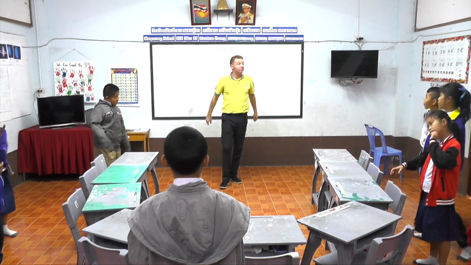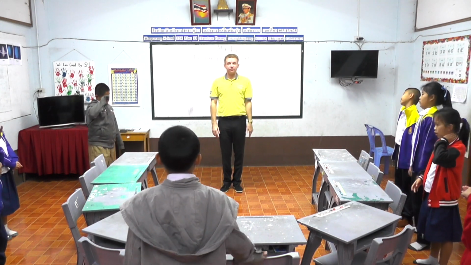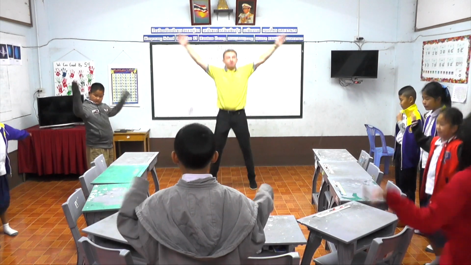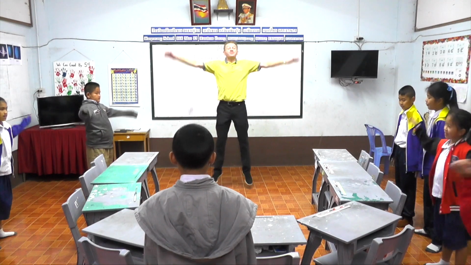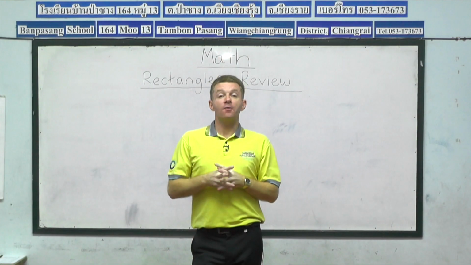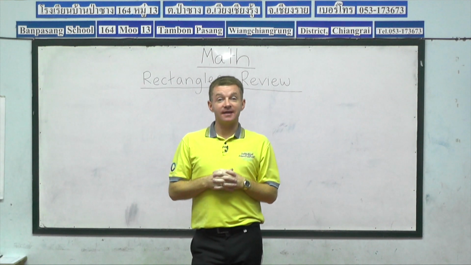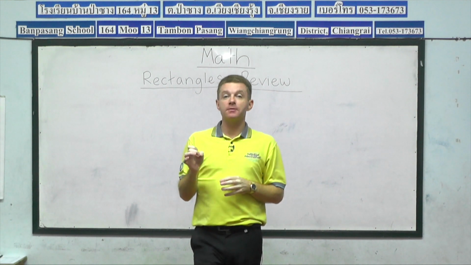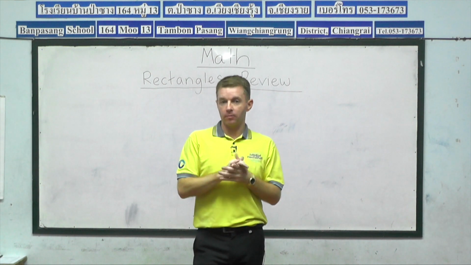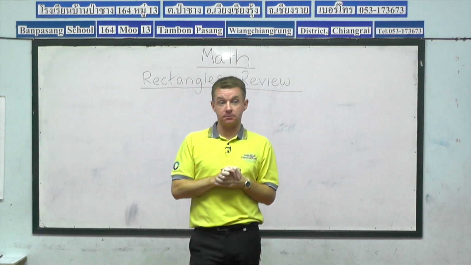Okay, and to finish, we will do 5 slow jumps. 1, 2, 3, 4, 5. Excellent, guys. Have a seat. So now it's time for a board exercise for our students to demonstrate their understanding of how to answer word problems involving rectangles.